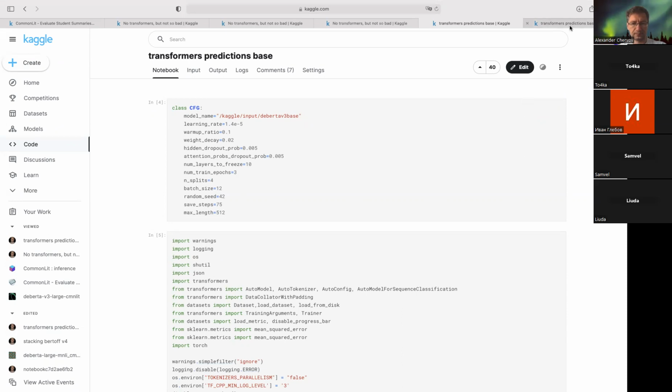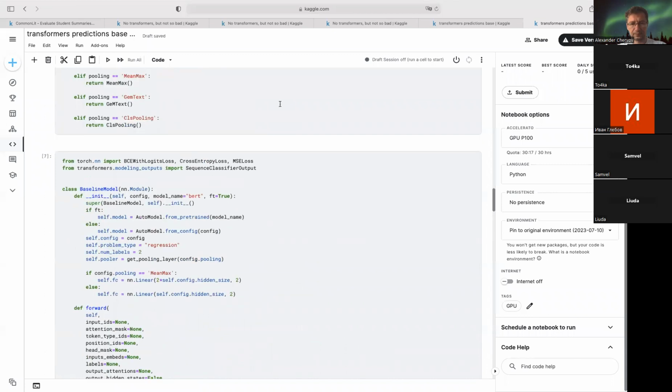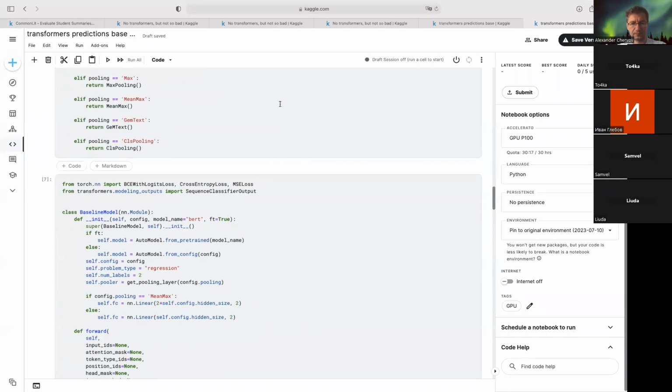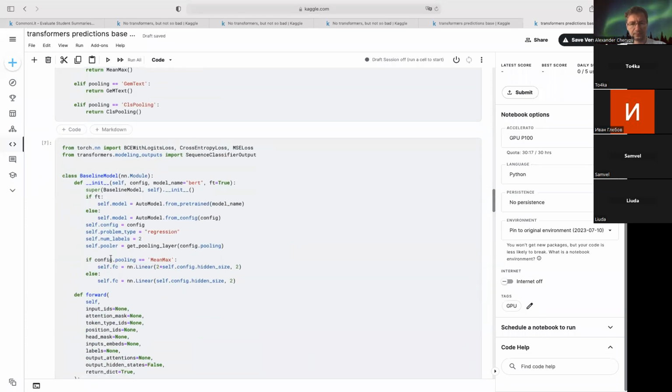But for me, it's difficult at this moment to use custom models with different classification heads, because I get different results when I run this notebook and get a public score after running, and then use the outputs in the stacking scheme in the stacking notebook. So I have to solve several problems: how to correctly save models with a custom classification head and how to then load them.